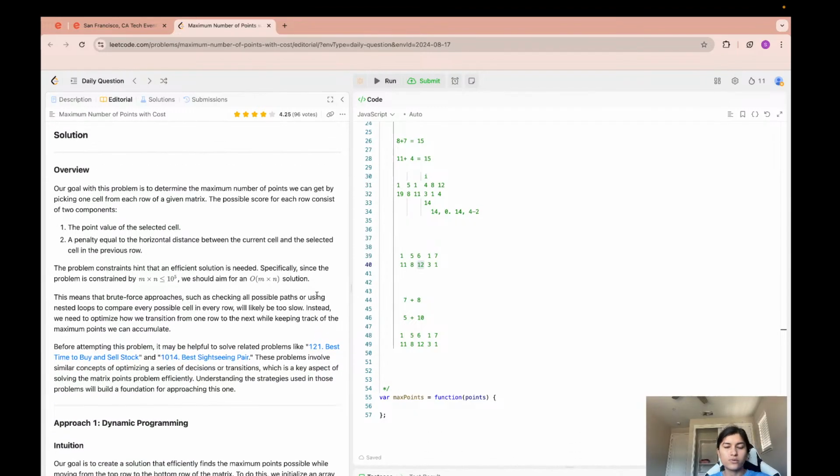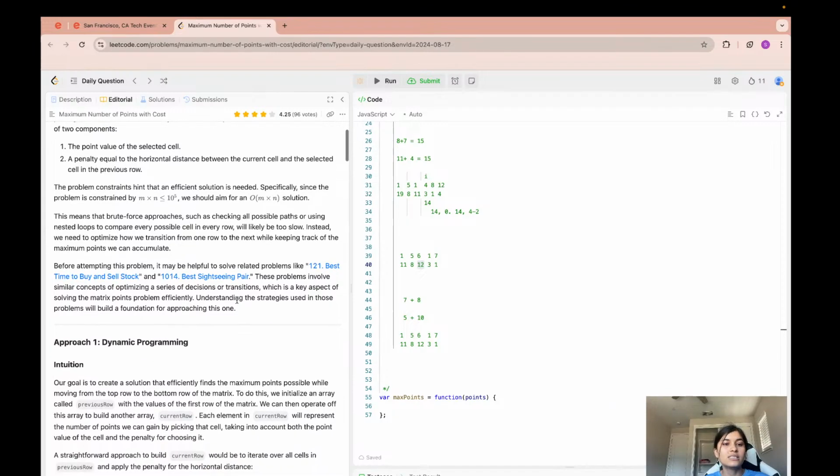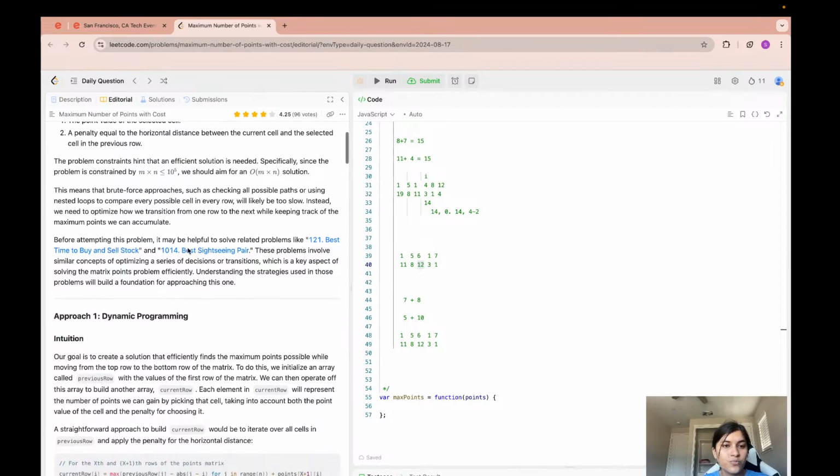So let's go to the solution. Our goal with this problem is to determine the maximum number of points we can get by picking one cell, with a penalty equal to the distance between the current cell and the selected cell.